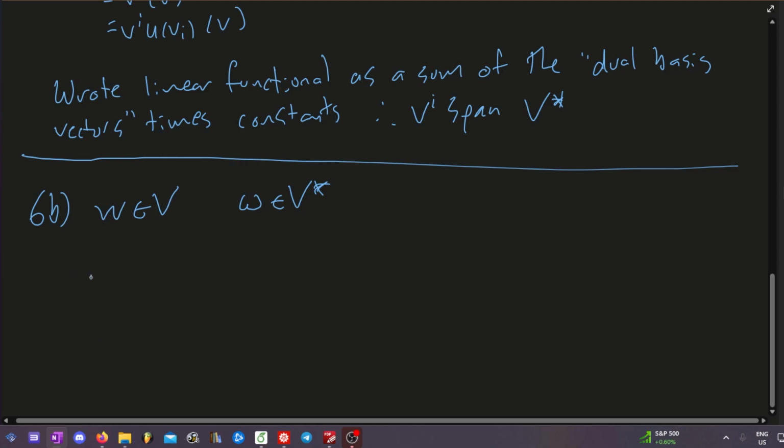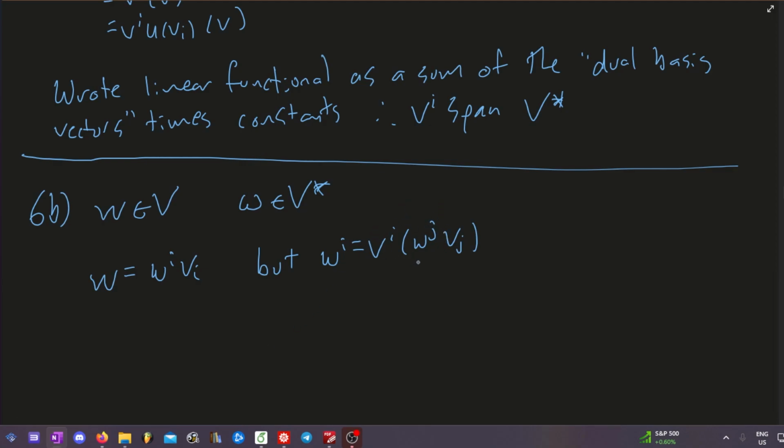Okay, so let's start with w. w equals w^i v_i, where these v sub i's are the basis vectors, but we also know that w^i is simply v^i(w^j v_j), because the v's will evaluate to a delta and bring this j to be an i.